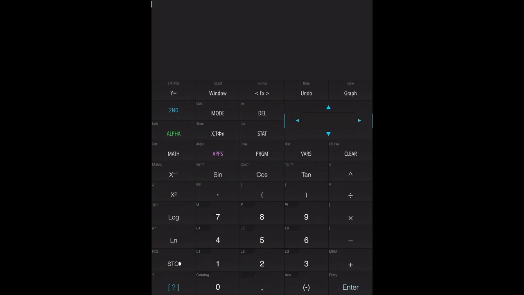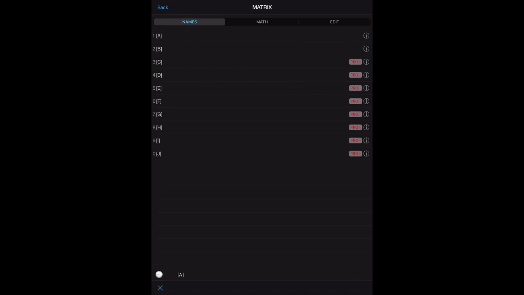Your calculator has it labeled on the left-hand side as well, but notice that it's in the top corner here. Notice that all of these keys have little symbols in the top left corner. That's because your calculator can do one thing, or you can access the other option. So to get into the matrix, the thing in the top left corner, I'm going to hit second, the blue button, and then I'm going to hit the matrix button right here.